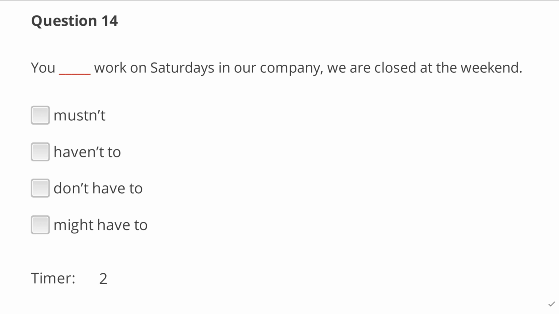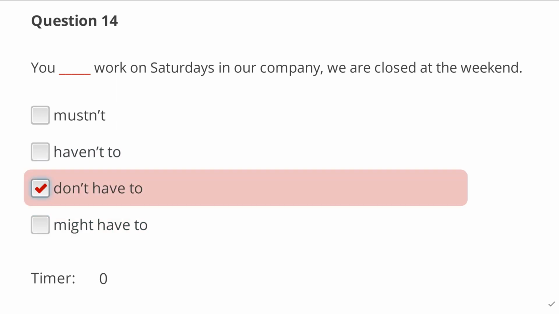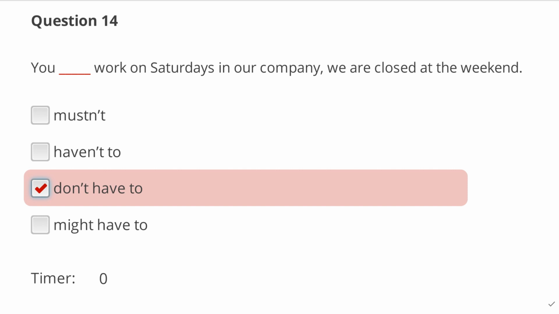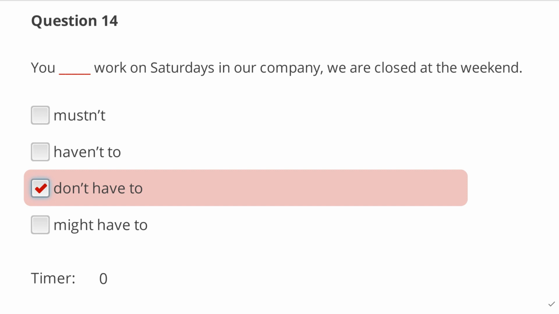And in this case, the correct answer is don't have to, because they're not prohibiting them. They are just telling them that you don't have to. Haven't to is not correct, because in order to make a negative of have to, the only way is to add don't or doesn't.